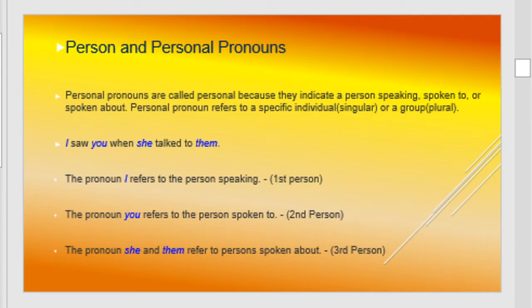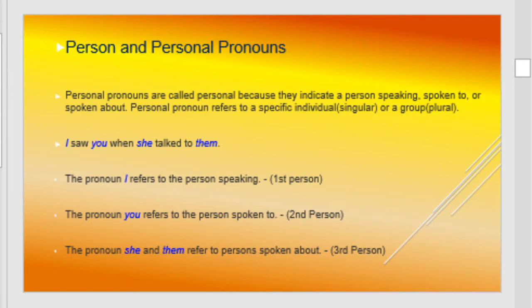We also have person and personal pronoun. Personal pronouns are called personal because they indicate a person speaking, spoken to, or spoken about. A personal pronoun refers to a specific individual, that is singular, or a group, that is plural. Example sentence: I saw you when she talked to them.